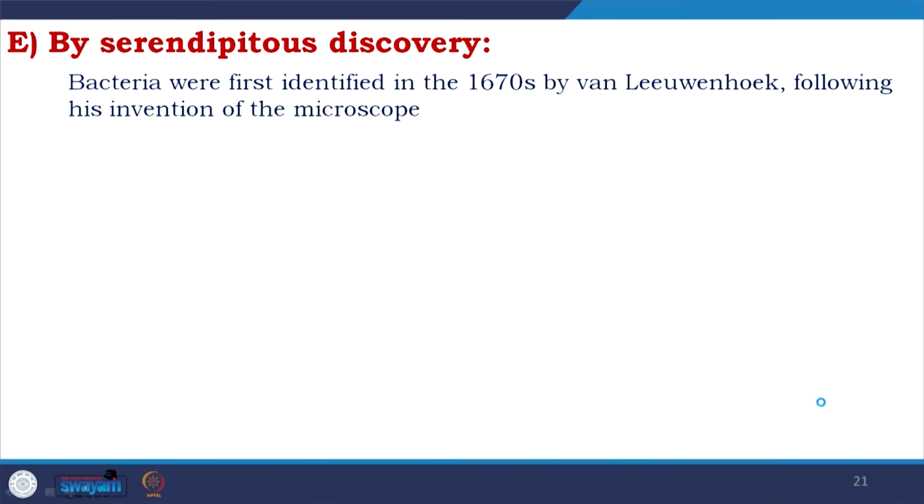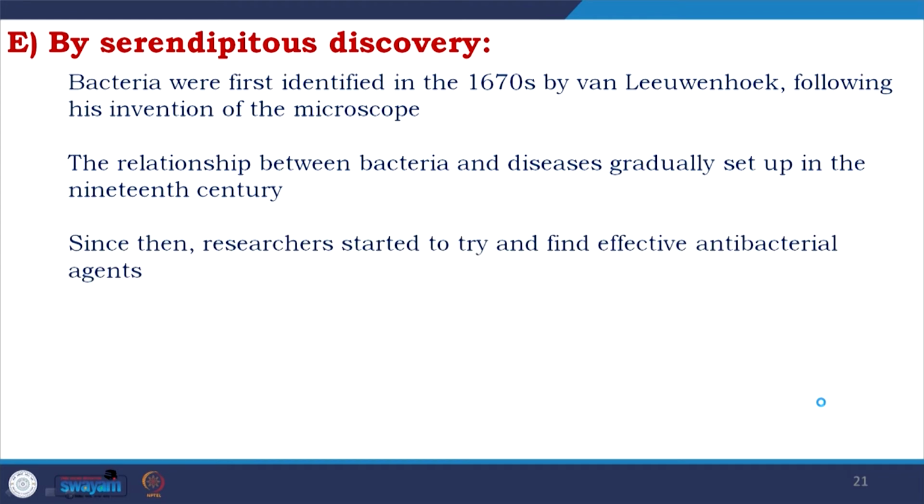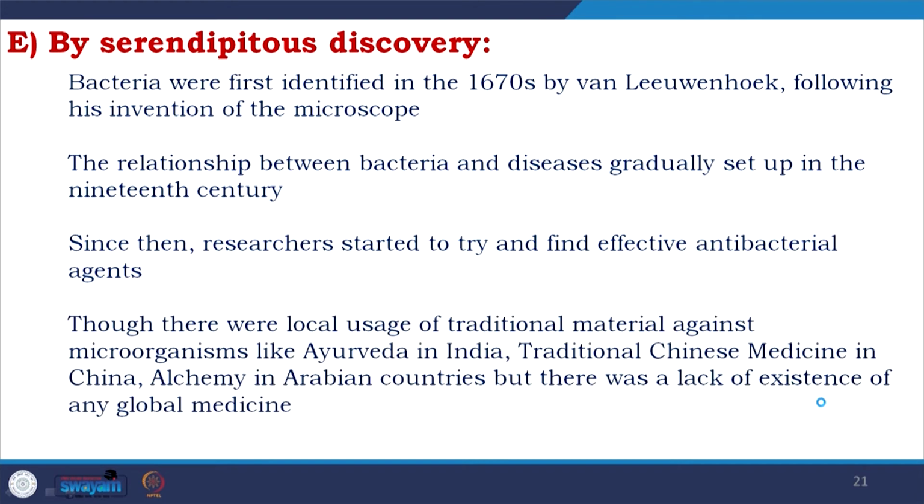So, what I take is what I know, which is about antibacterial. Bacteria were first identified in the 1670s by van Leeuwenhoek. I have already told you, following his invention of the microscope. The relationship between bacteria and diseases gradually was set up in the 19th century. Since then, researchers started to try and find effective antibacterial agents.